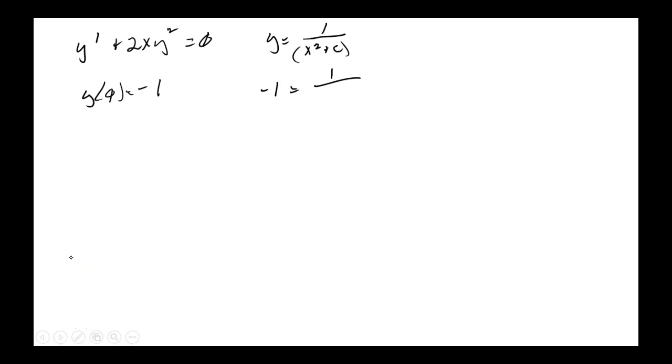All right. X equals 0, 1 over c. So that implies the c, I'm going to multiply both sides by c. Minus c is equal to 1. C is equal to minus 1. Right? I think so.